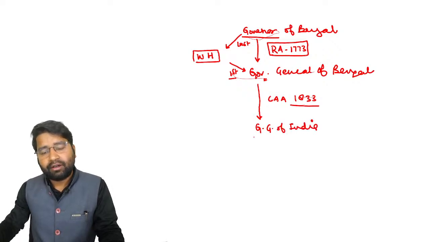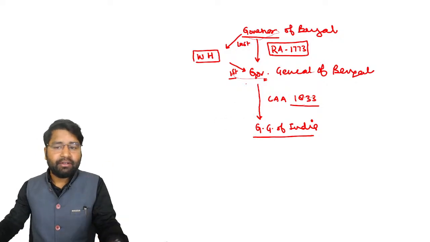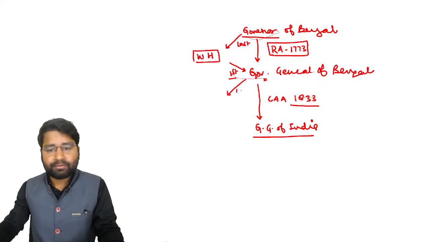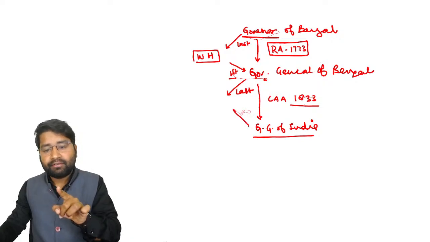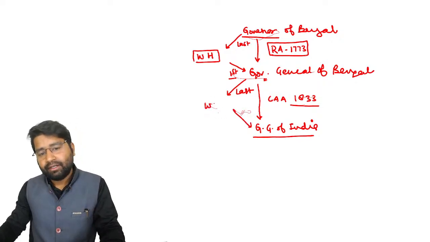So once again there will be a first person, meaning the last Governor General of Bengal and first Governor General of India, and he was William Bentinck, students.